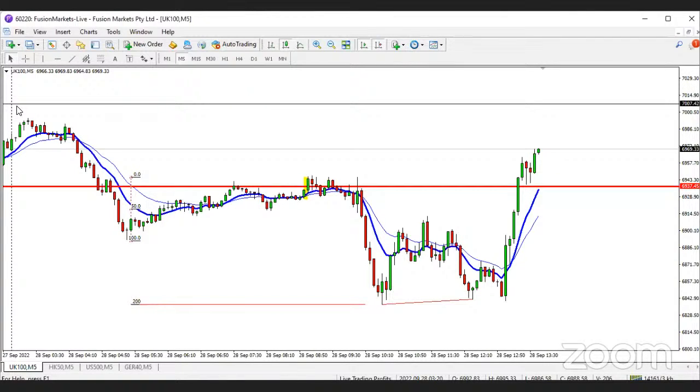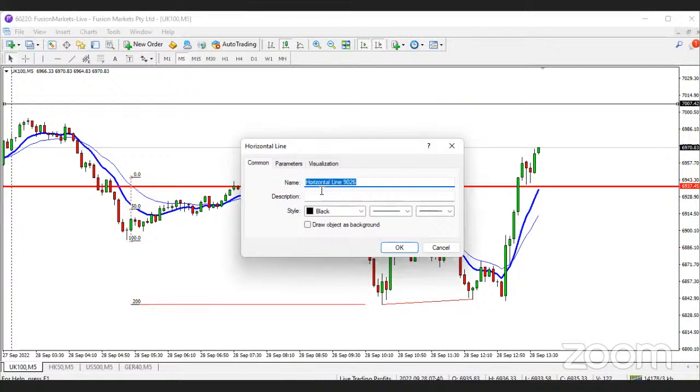But we need to just, remember we said, I think we should just mark it. That's the midpoint of yesterday. Range of yesterday. Midpoint of the range of yesterday.